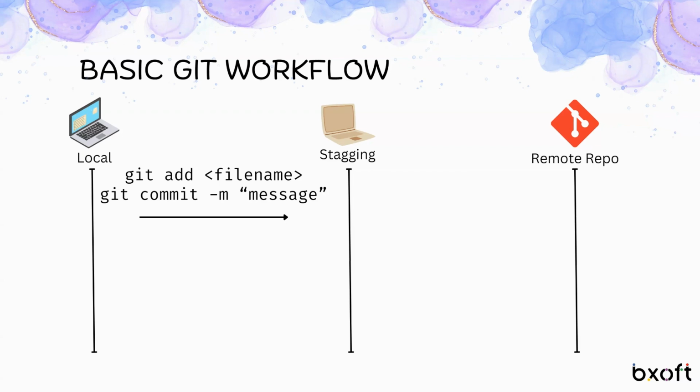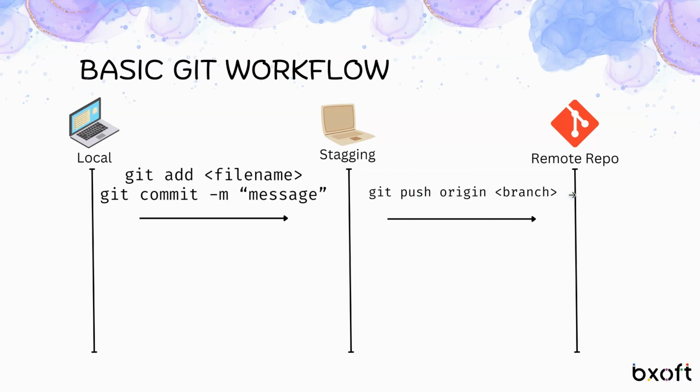Once any file or any change is available in the stage, we can use this command to push the changes from the staging stage to the remote repository. I am using the branch here. What is a branch? We will discuss it in the next slide. But the thing is, you can push your changes from staging to the remote repository.